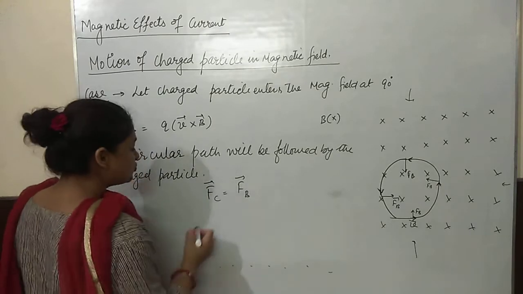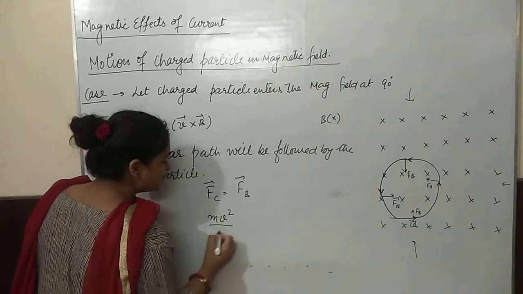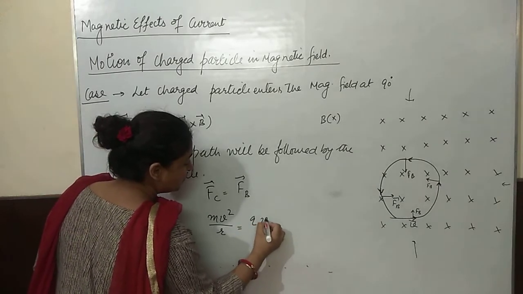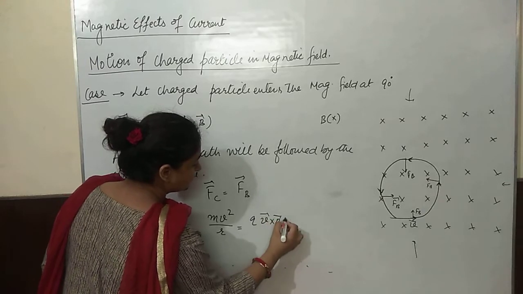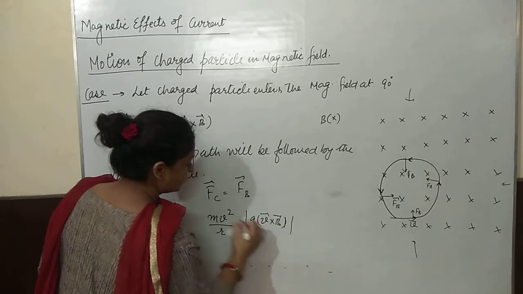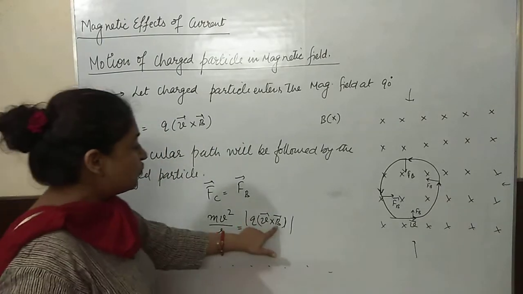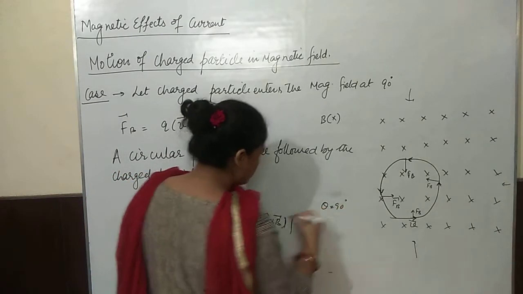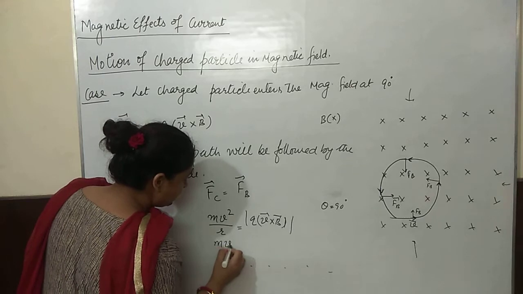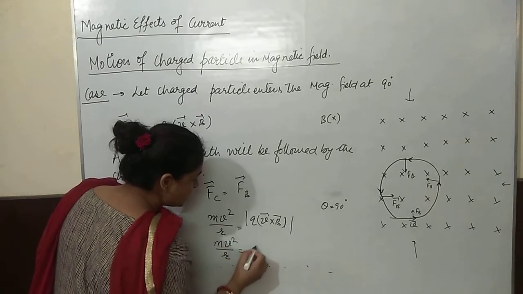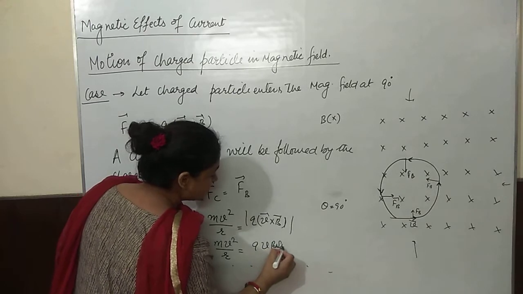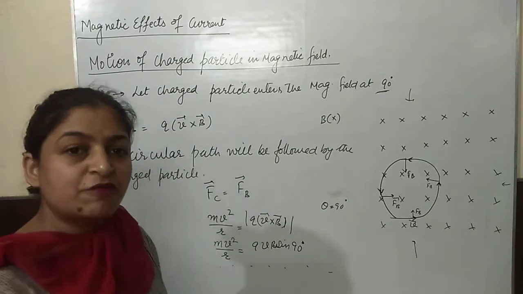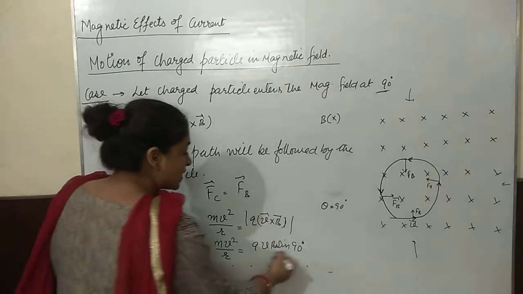Writing the magnitudes only, mv²/r = q(v × B), which is qvB sin θ. Here θ is 90 degrees, because the angle between the velocity and the magnetic field was taken as 90 degrees. I am taking the magnitudes only. So mv²/r = qvB sin 90, and sin 90 is 1.